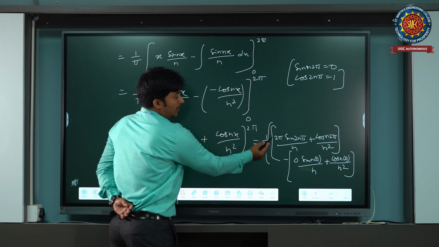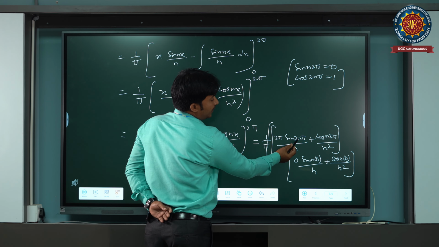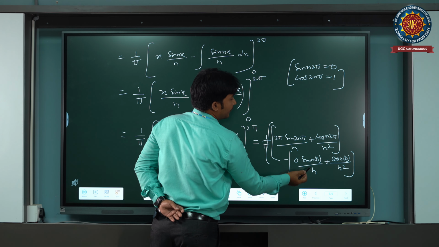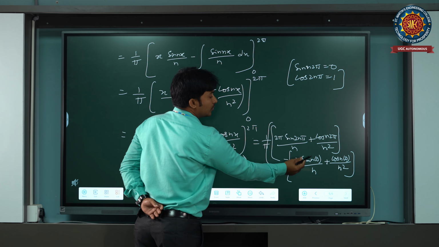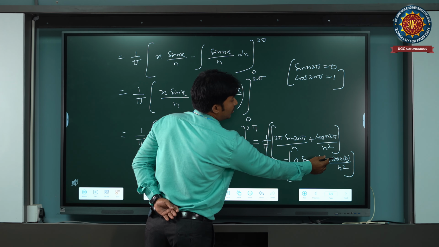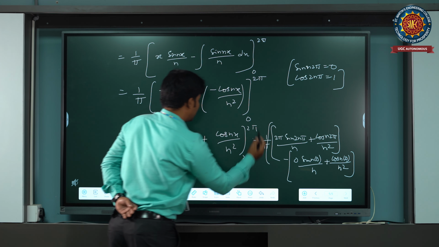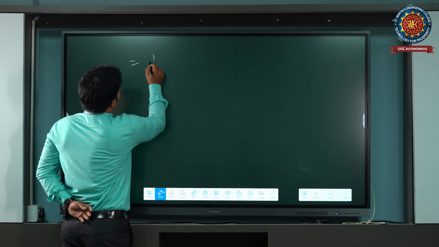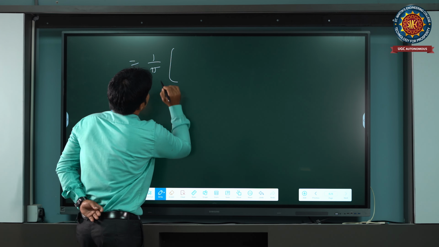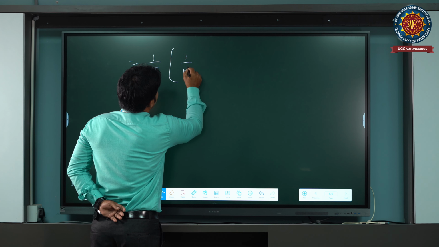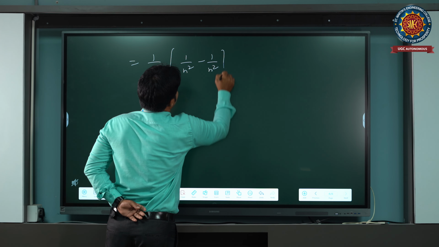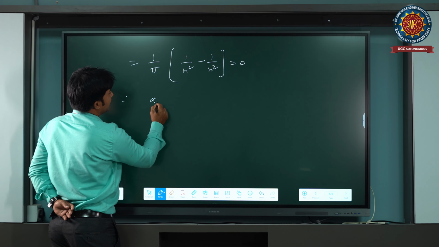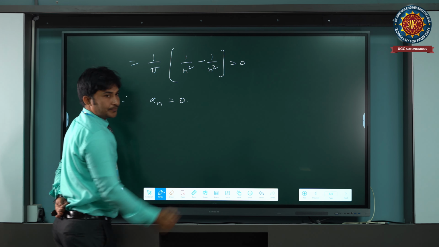That is 2 pi sin 2n pi equal to 0, cos 2n pi equal to 1 by n square, minus 0 into sin 0 is 0, and plus cos 0 is 1. The next substitution equal to 1 by pi, 1 by n square minus 1 by n square equal to 0. In the Fourier expansion, an must be 0.